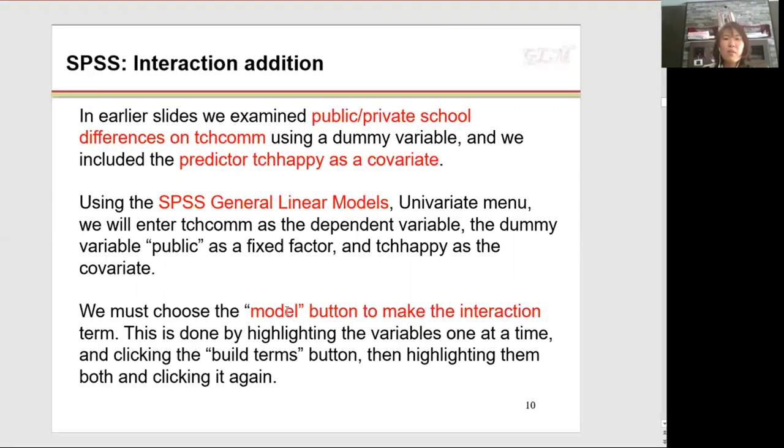School type has only two responses, public or non-public, so you don't need to change the dummy in this case. It's already coded as a dummy. We must choose the Model button to make the interaction term. This is done by highlighting the variables one at a time and clicking the Build Terms button, then highlighting them both and clicking it again.